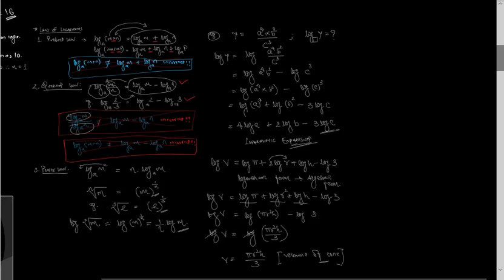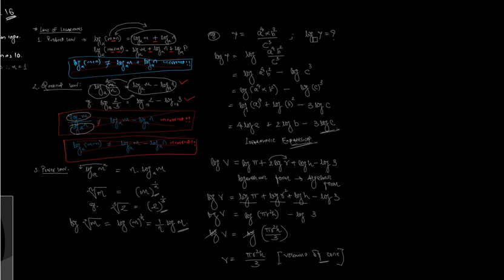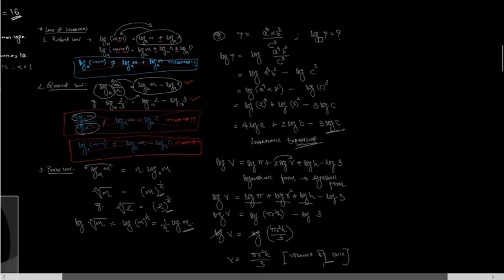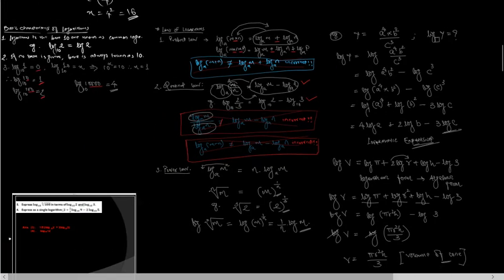See, laws of logarithm, the product law, the quotient law, correct method, incorrect method, the power law, and some examples, right? Two examples. Looks beautiful when I zoom out. Looks like a notebook. Cool. Let's go to the next part then.